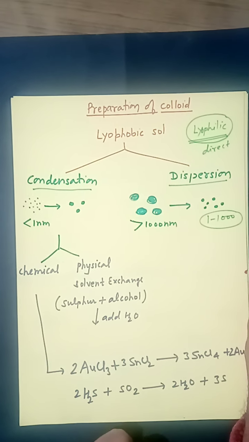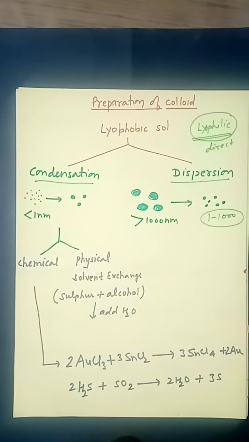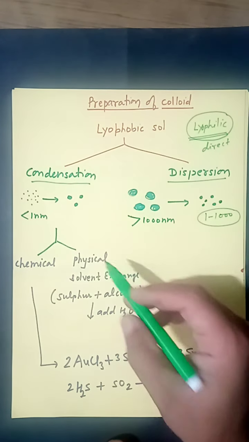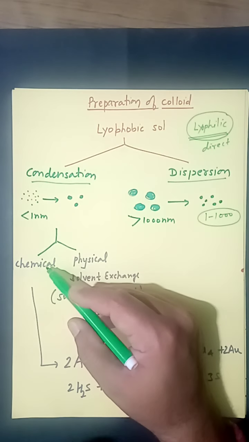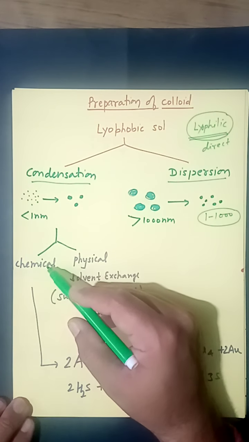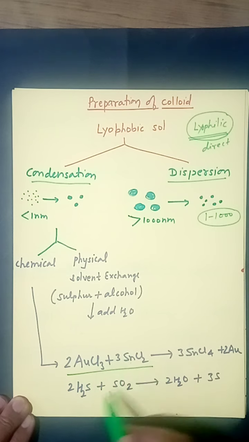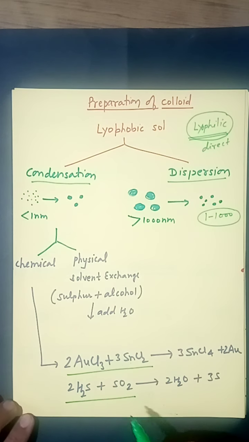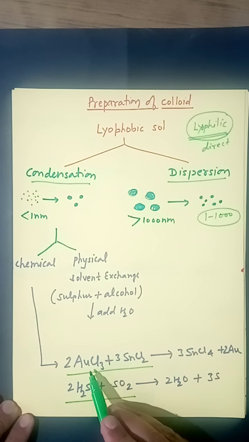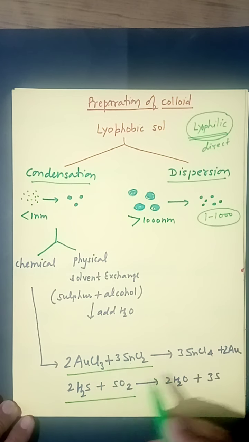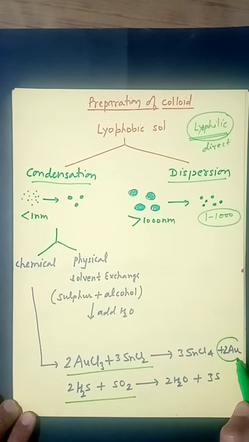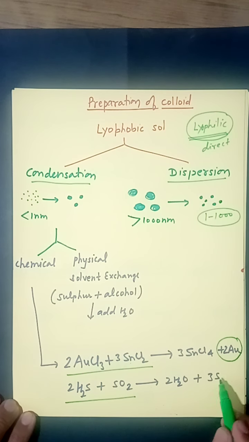There are two methods in condensation. One is chemical process and the other is physical process. In chemical process, you need to learn some chemical reactions which are given as per our syllabus in NCERT. Here you may be asked a simple direct question: how can you prepare colloidal sol of gold? How can you prepare colloidal sol of sulfur?